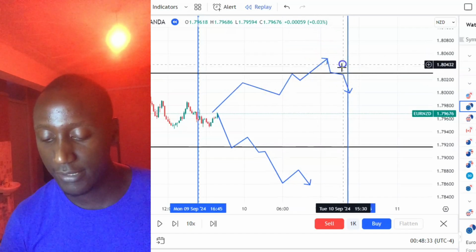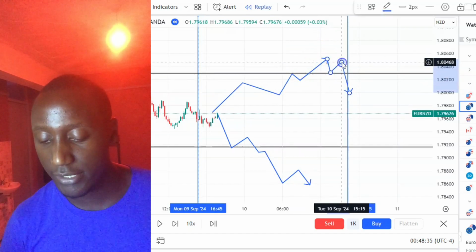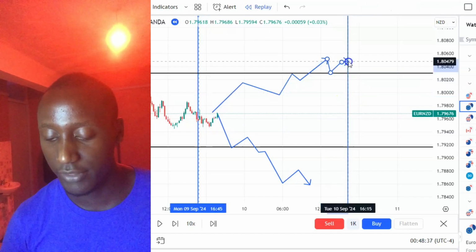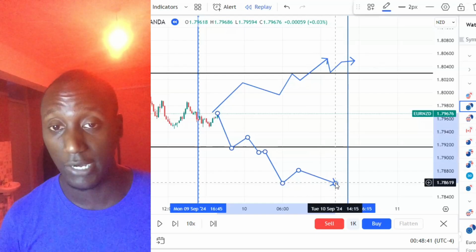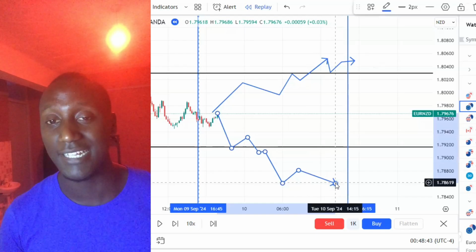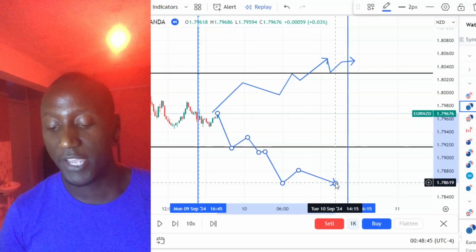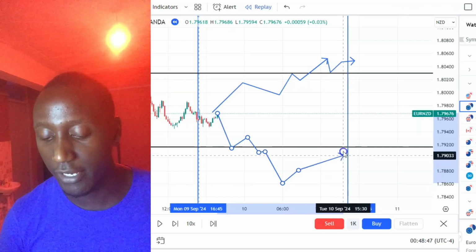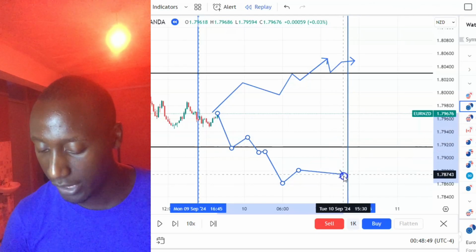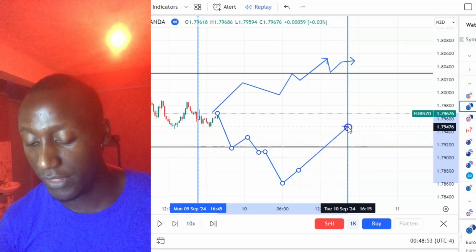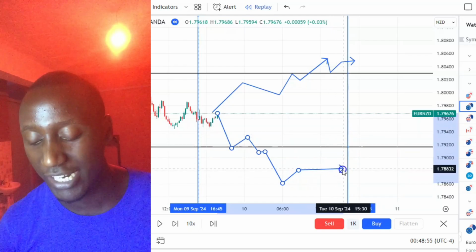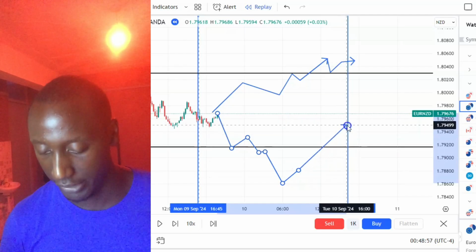So it looks like something like this. But you'll find in some other cases, price just closes above the high or the low. This is called a successful breakout. We are not interested in successful breakouts. We are interested in failed breakouts. Successful breakouts close outside, and failed breakouts fail to close as a breakout and just come back inside of the range.